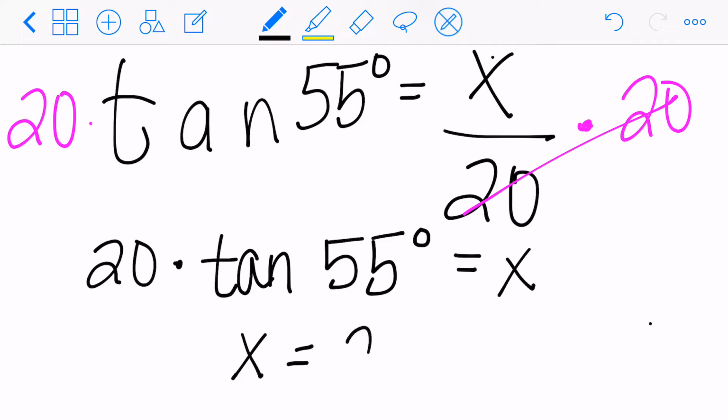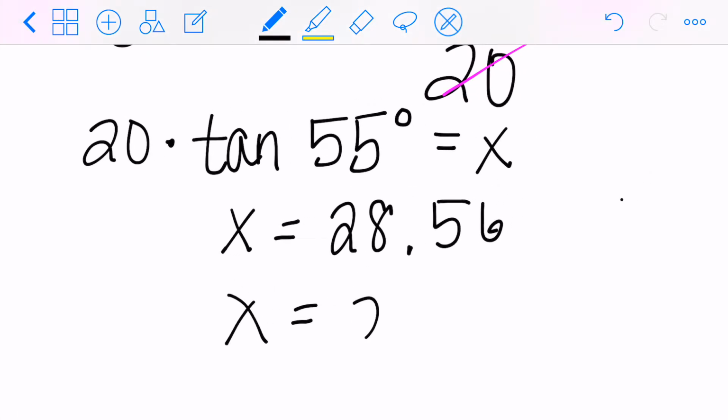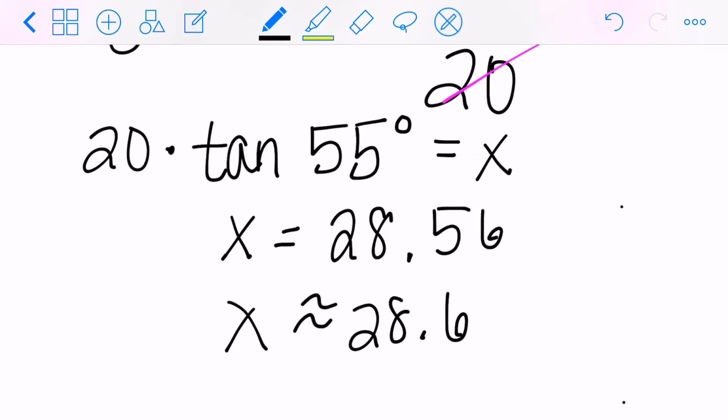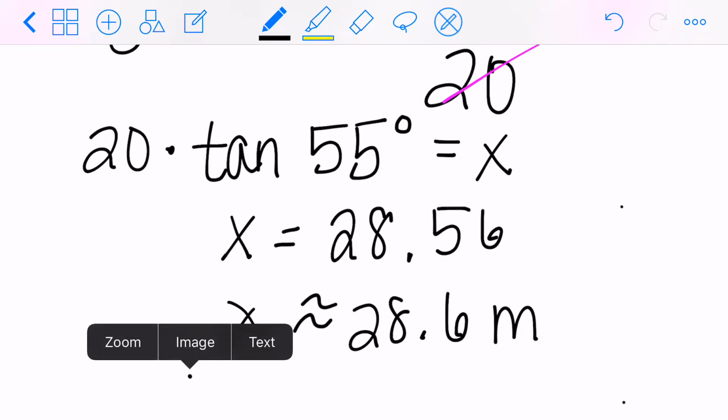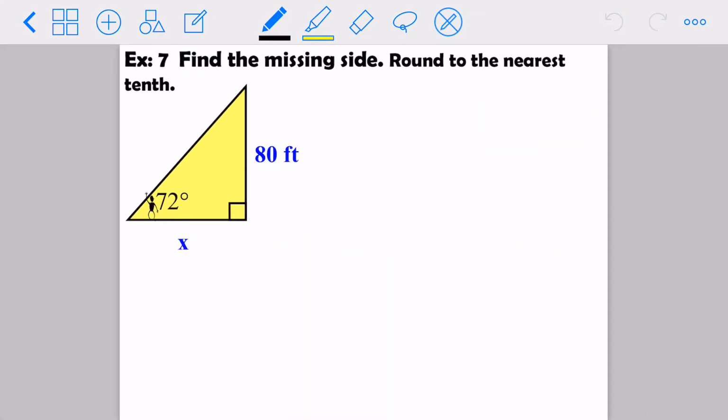So I got 28.56, which means I'm going to round this to 28.6. Did they give us units on here? Yes, the units of measure is meters. So here we go, approximately 28.6 meters. Done. All right, next.